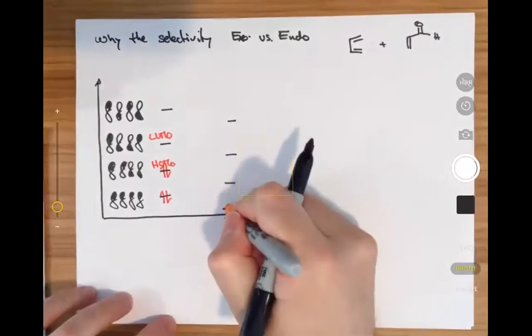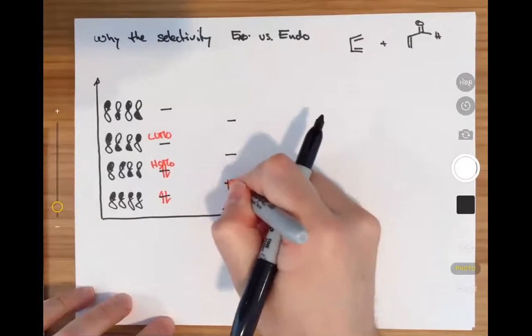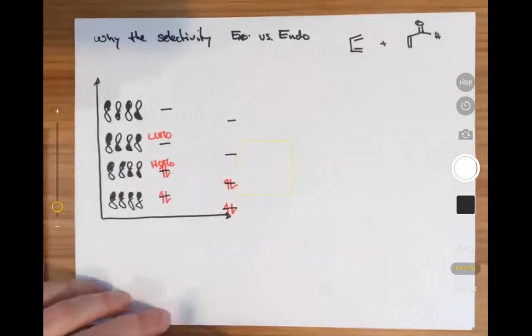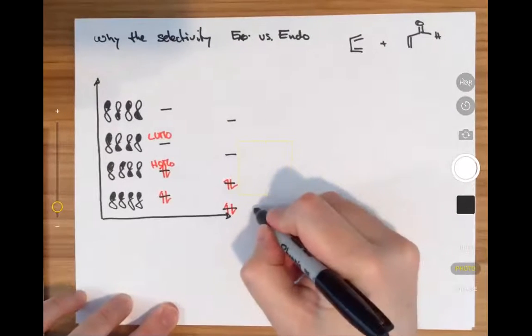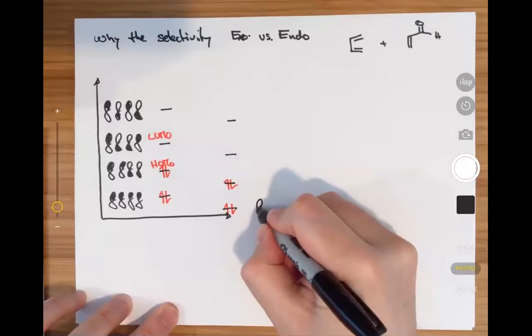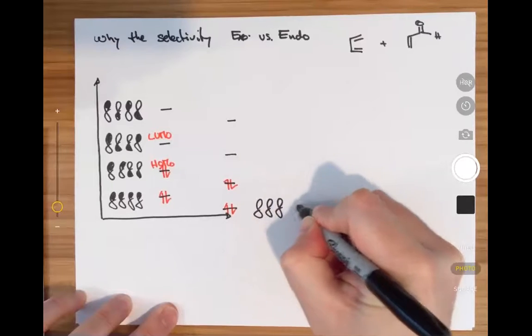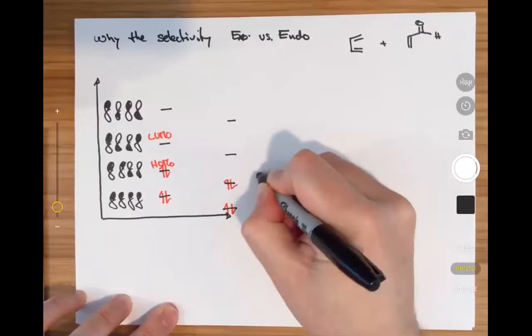And again, we have the orbitals populated like this. And if I can draw it out, these orbitals look exactly the same. So we have the filled ones.